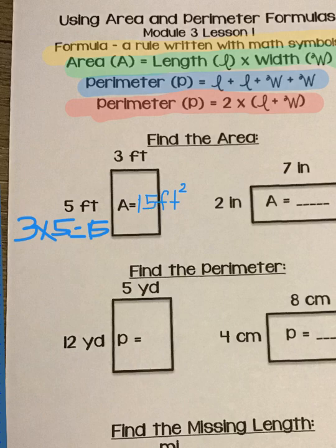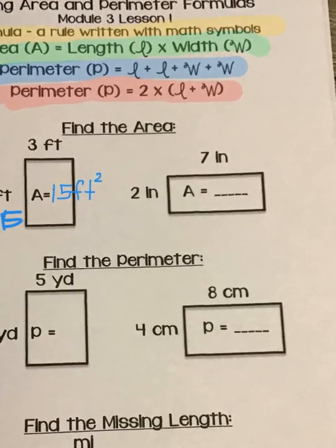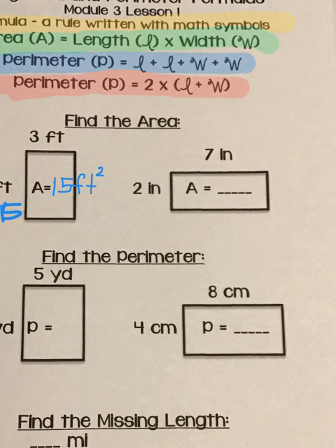All right, so over here we have another one. You guys can probably do it already. You can write your work right underneath. And it is 2 times 7, because, sorry, it should be length times width.